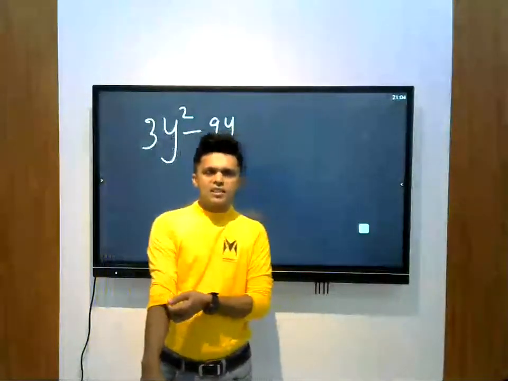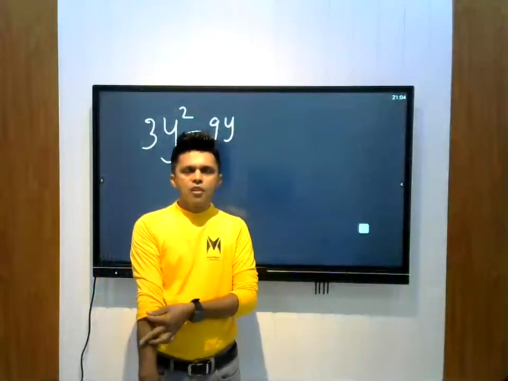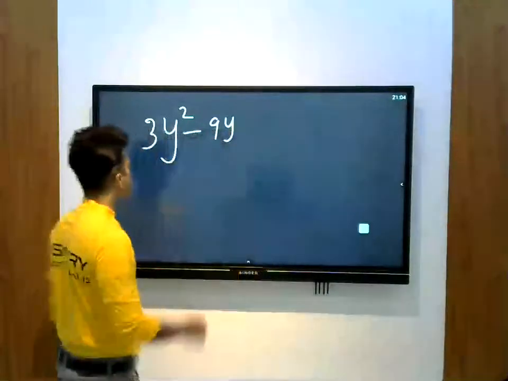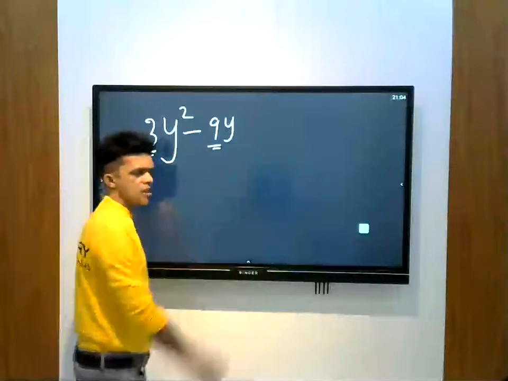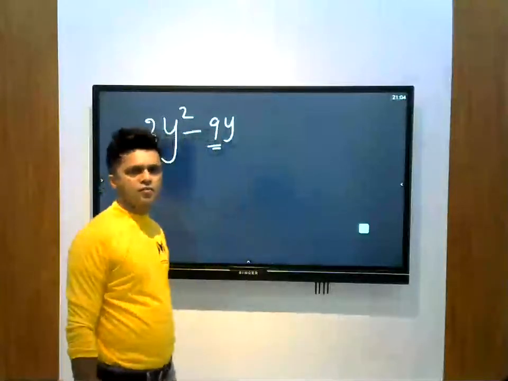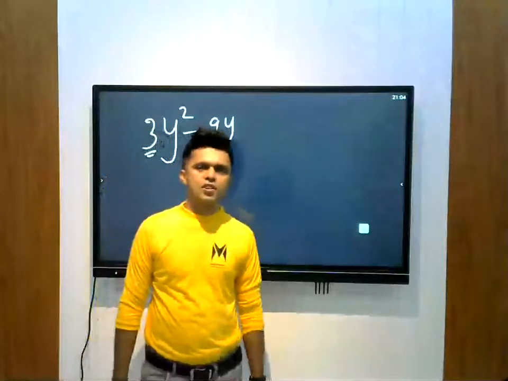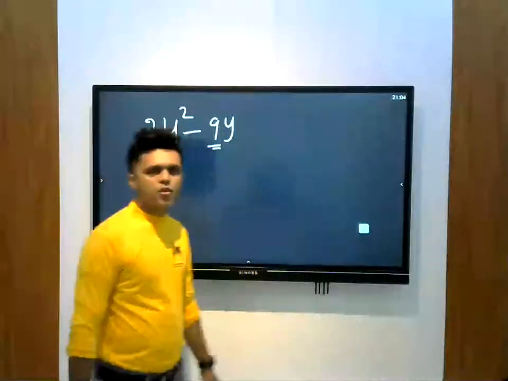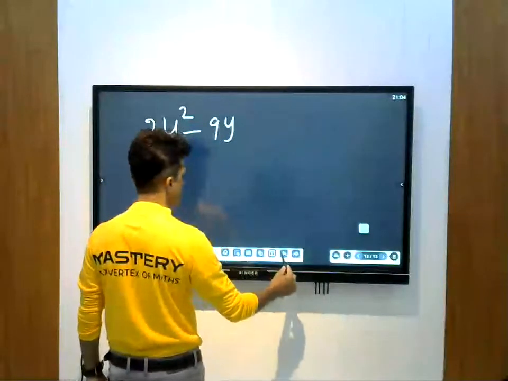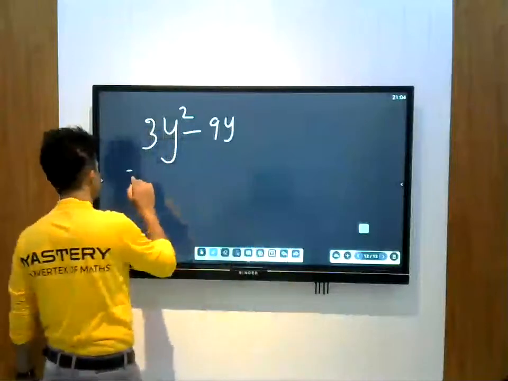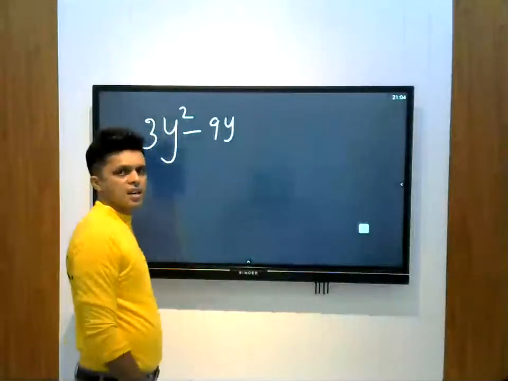What are the factors? 3 is a multiple of 3, 9 is a multiple of 3. Therefore, you can get 3 as the common factor of digits.